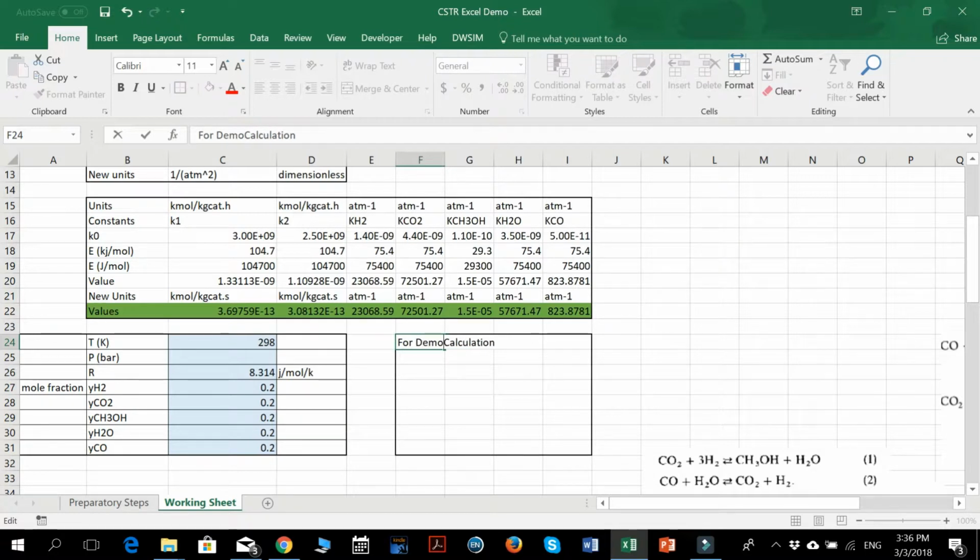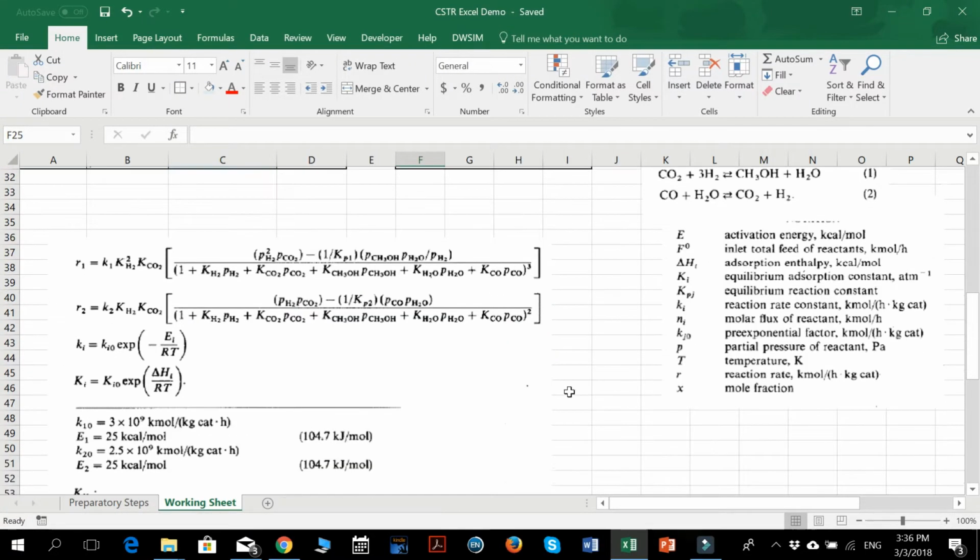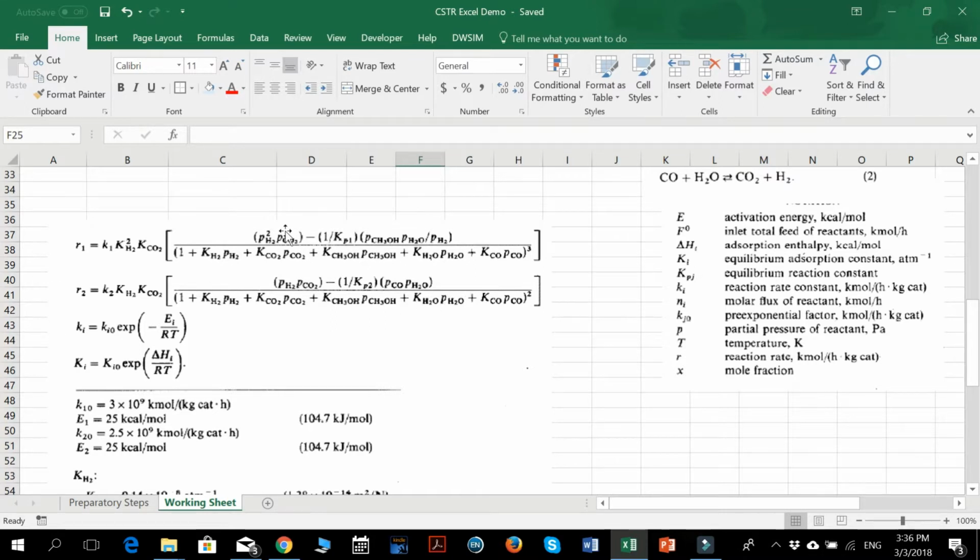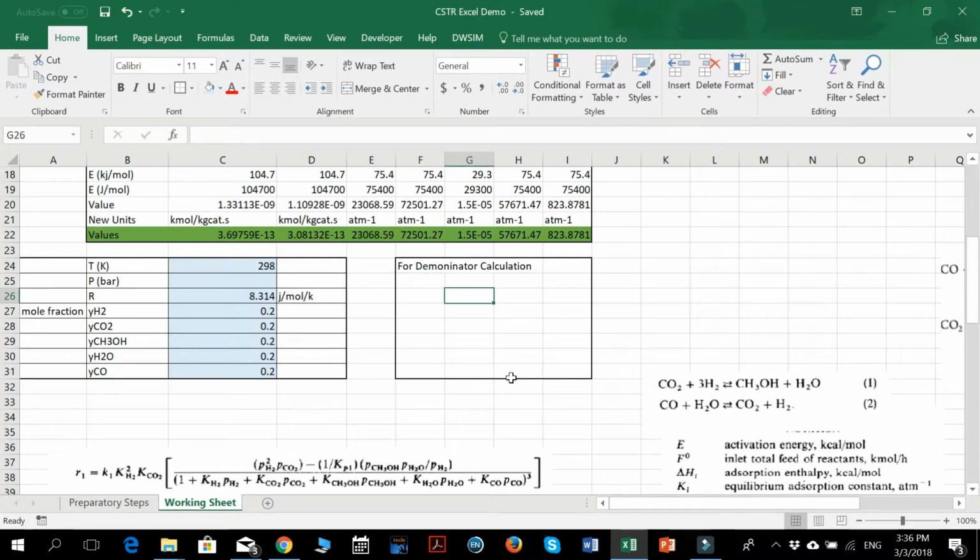So let's calculate the denominator first. This is the denominator I'm trying to calculate. This is the H2 part, CO2, CH3OH, H2O, CO, right?